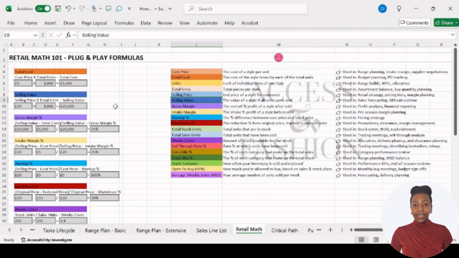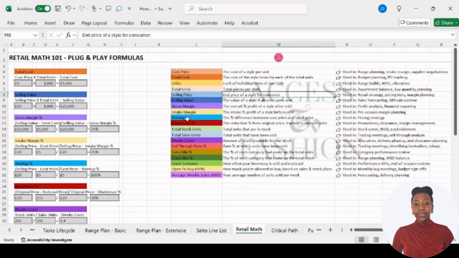So it's basically, for total cost, we're looking at how much are we spending on a style in its entirety. For selling value, we're looking at how much will we make on a style in its entirety. So you need these two pieces of information, which are your selling price and your total units.